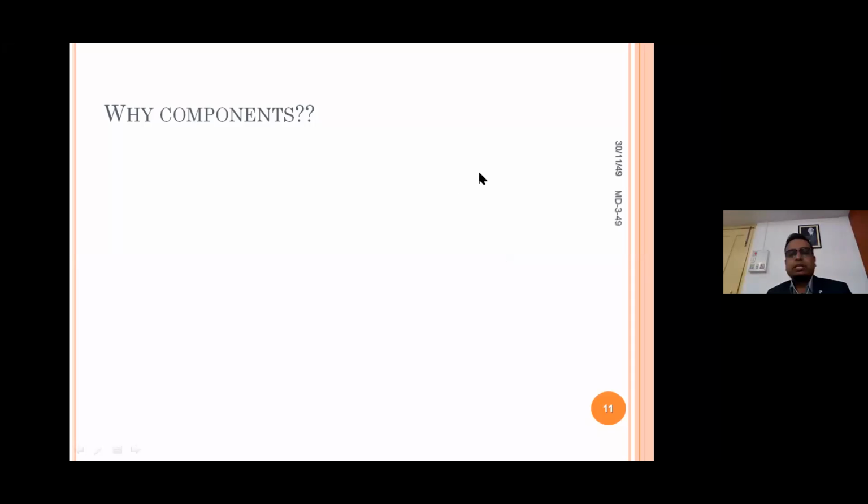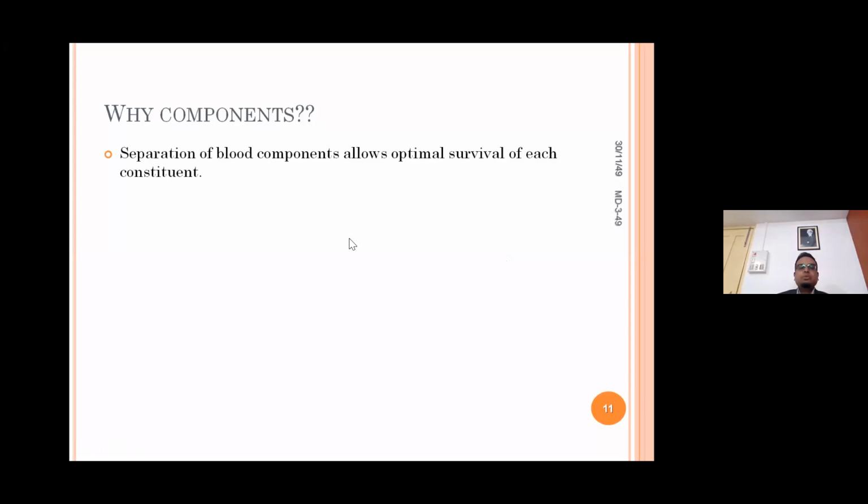Why components? First and foremost, using components separates blood into different components that allow optimal survival of each constituent of blood. If you separate whole blood into platelets, packed RBCs, and fresh frozen plasma, each will have different storage temperatures, so ultimately it allows optimal survival for each constituent.